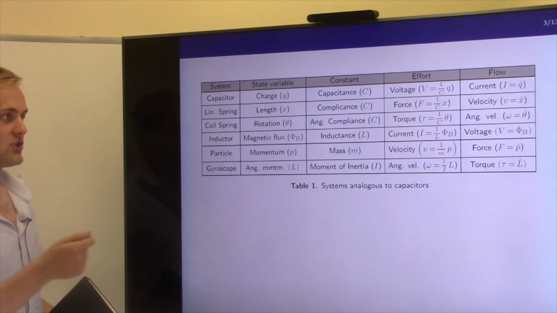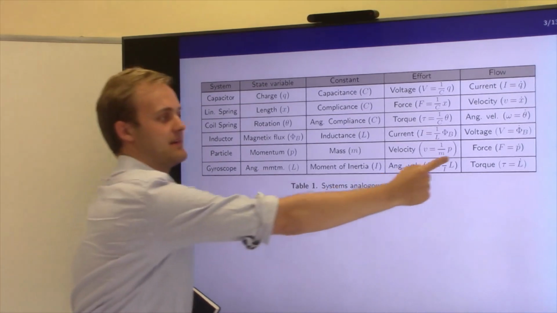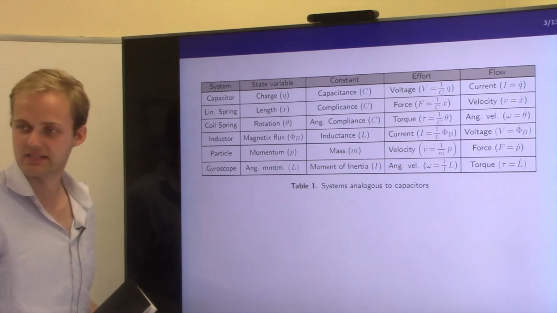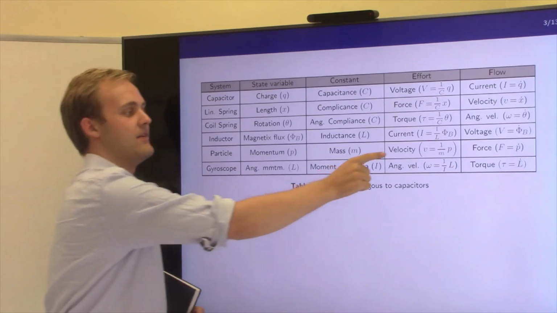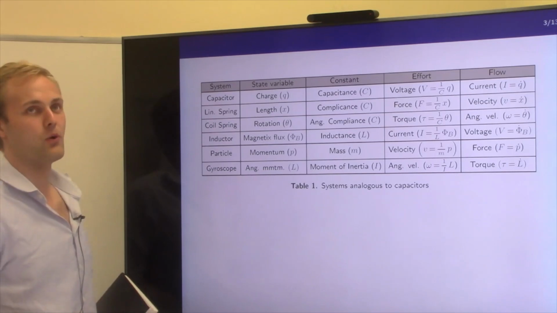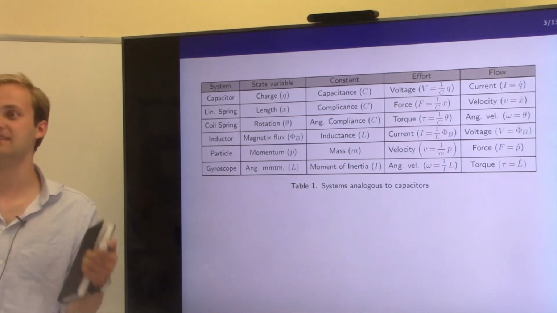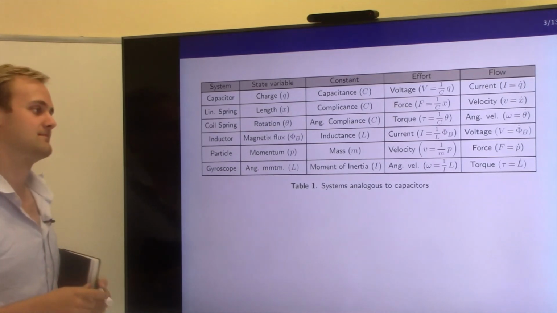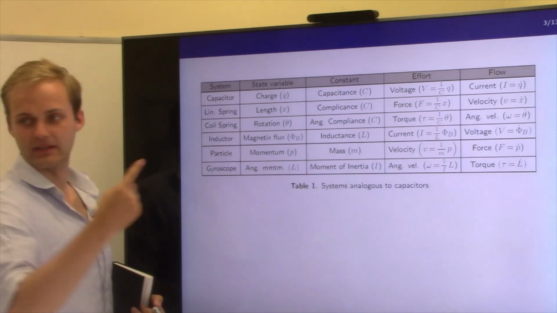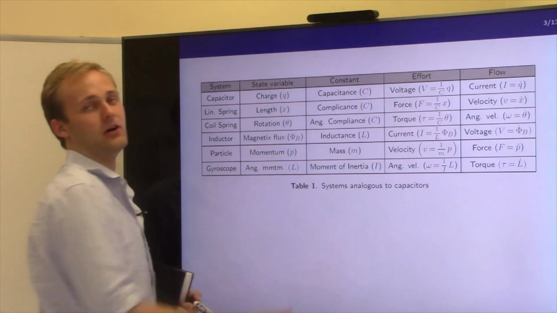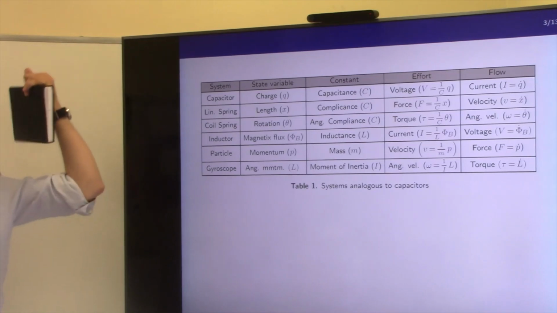Particles have a state which is their velocity, and changing that velocity requires energy, and that energy is supplied via force. Whereas the state of a spring is a force, and changing that state requires velocity. And then a gyroscope, something spinning around, is like that. In all of these cases, there's effort and flow. Effort and flow, effort and flow everywhere.